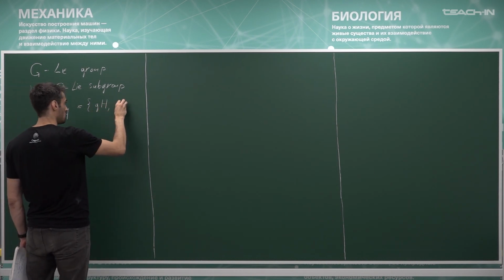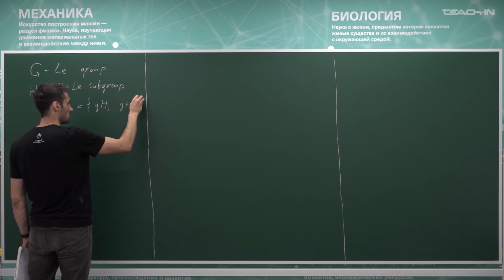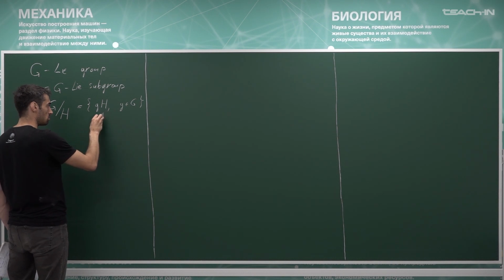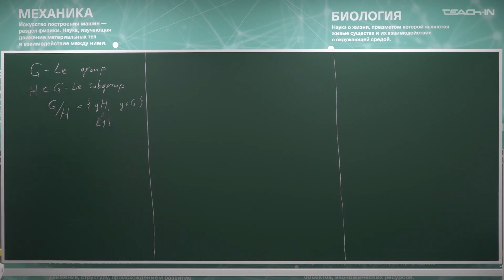G goes over H, and sometimes we'll just denote this as the class with representative g. So this is some notation, and there is a natural action of G on this.